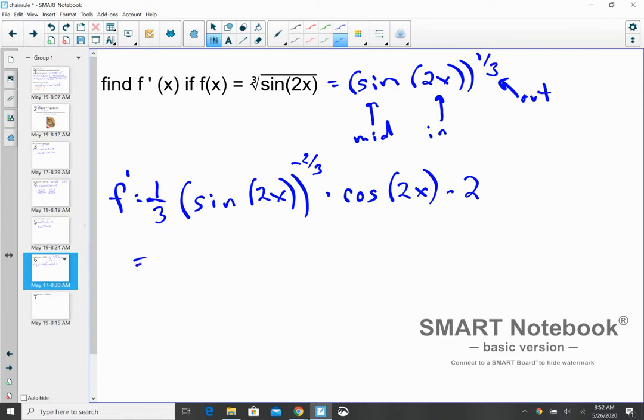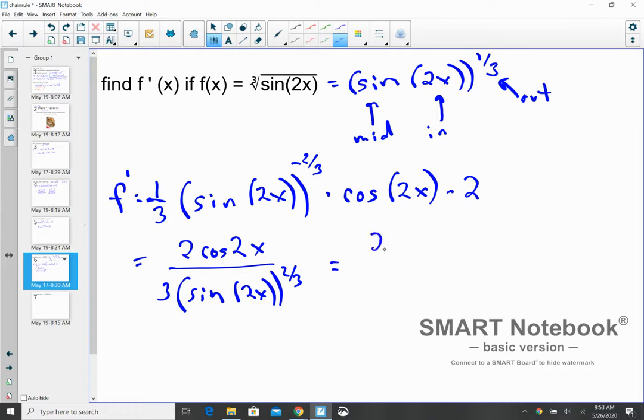Okay, let's clean up the answer here. So my answer would be something along the lines of, let's see, I got a 2 cosine 2x in my numerator, and down below, I got a 3, and there's a couple ways you can write this. Simple way you could write this would be something along the lines of this.